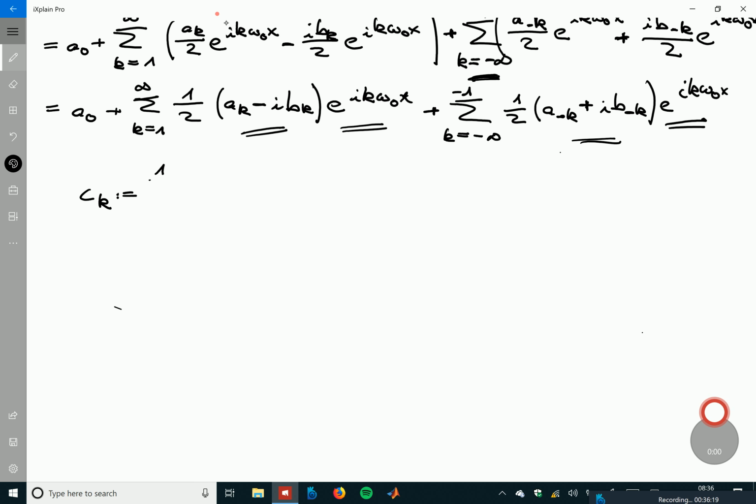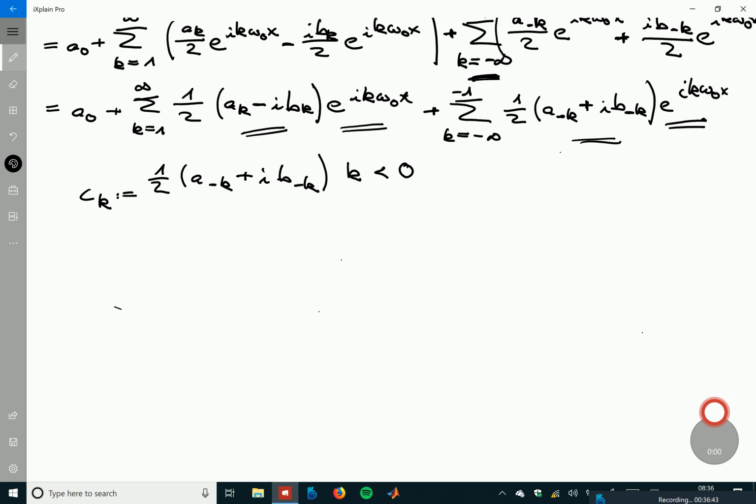To get that into a more compact form, we define these new coefficients as follows. So c_k is a_{-k} plus i b_{-k} if k is smaller than 0.